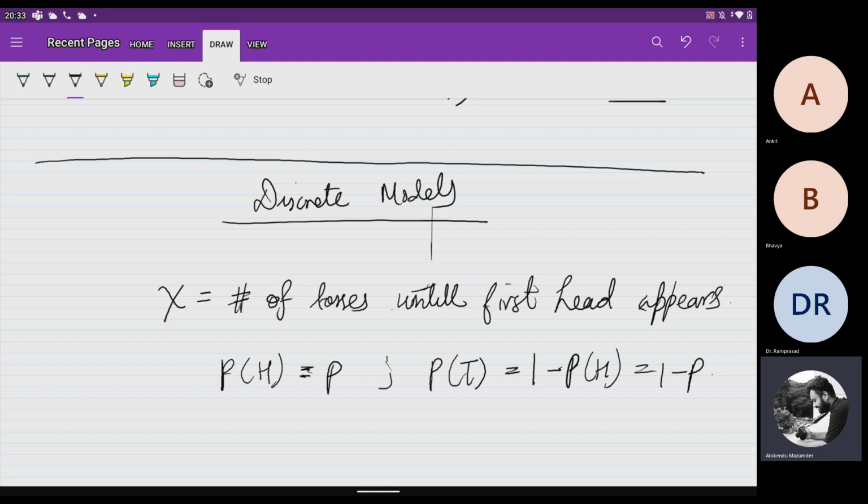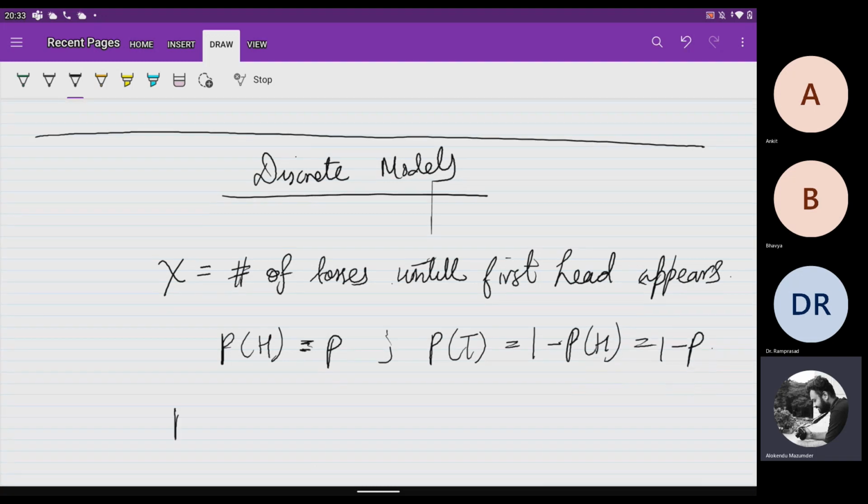Okay. Now, if I ask you the probability of random variable x equal to k, I'm basically asking what is the probability that the first head appeared after k number of tosses. And every toss is independent. Okay, so can anyone tell me what will be the formula? What is the probability of the first head happening on the kth toss?